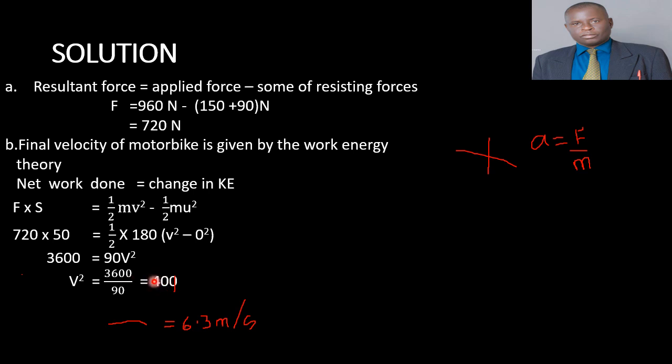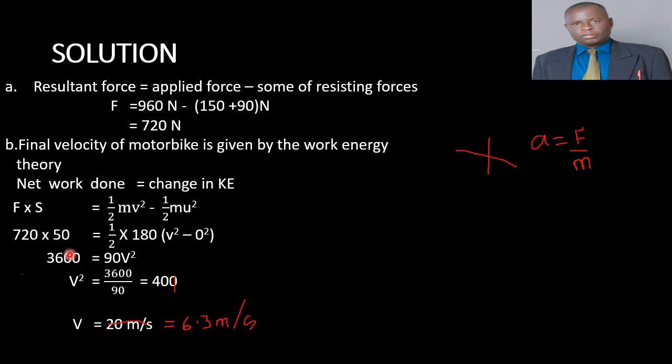The mathematics involved. All right. So you take the square root of 400. It will give you 20 meters per second. Please check that this is in order.